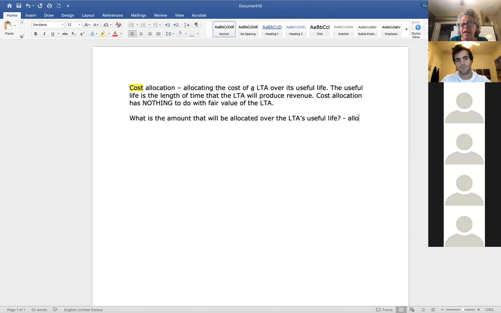What about allocation base? The amount that is allocated over the long-term asset's useful life is called its allocation base, which is on page 573.